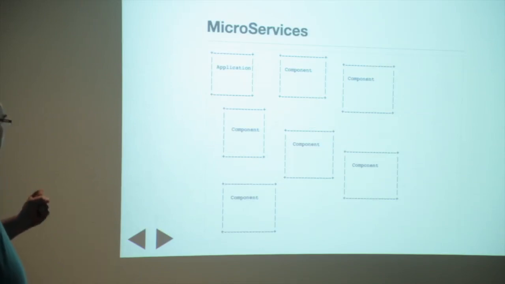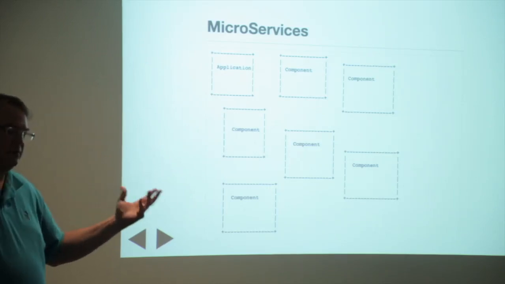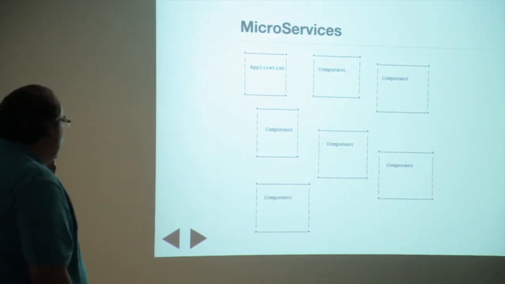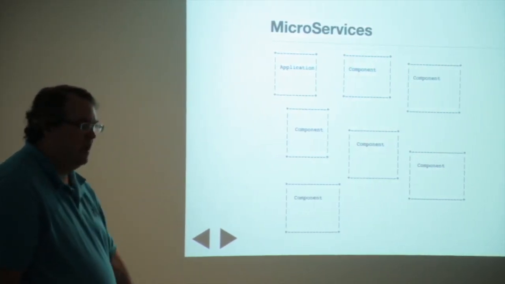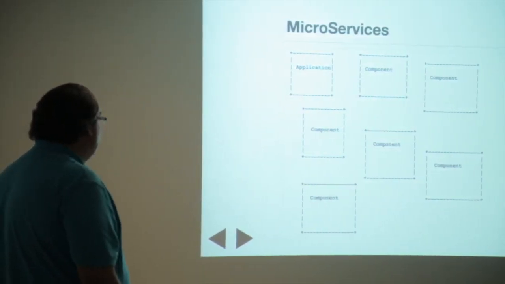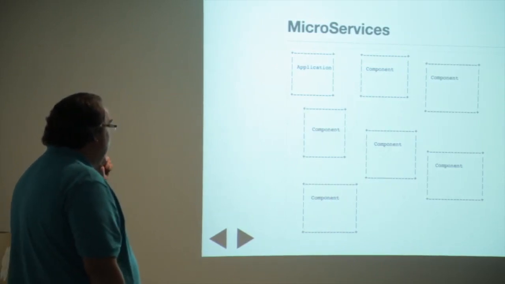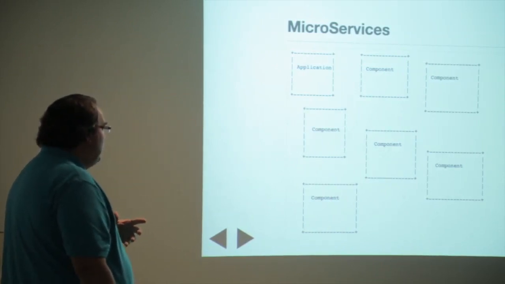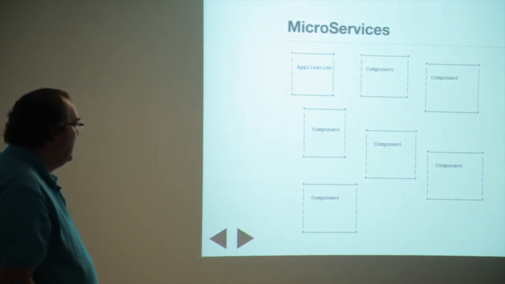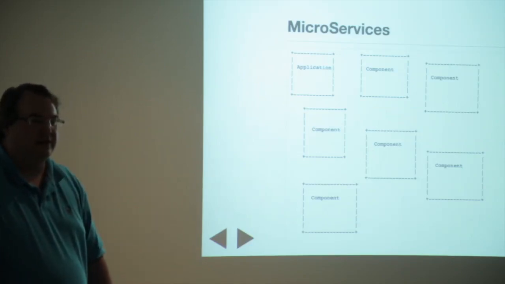And those interfaces could be HTTP web services, or they could be some sort of queuing enterprise bus, or a pub sub system. But basically you have your application and all of its processes or components are outside of the application.